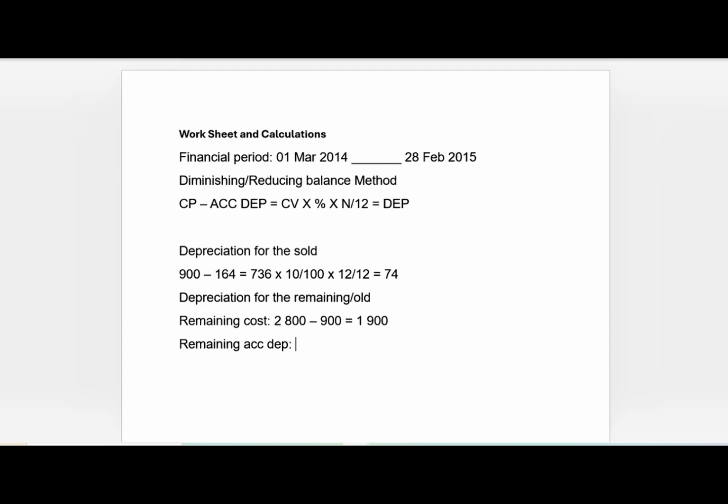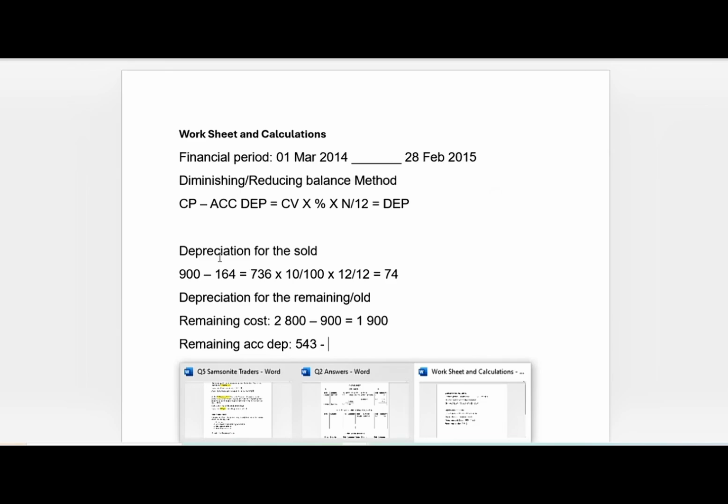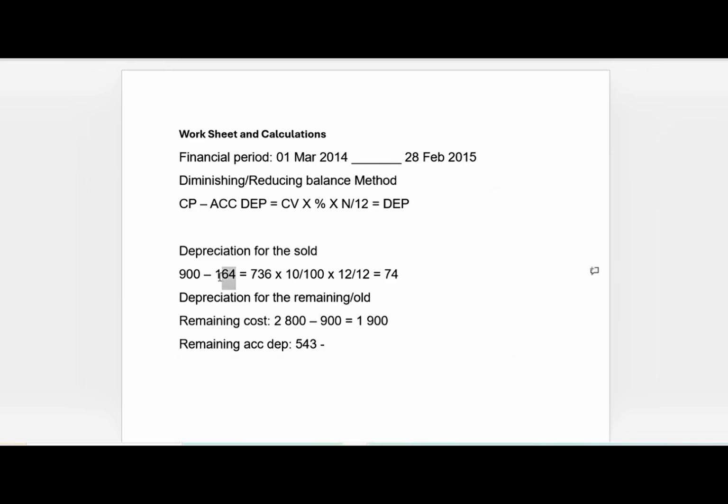So to calculate the remaining accumulated depreciation, we are going to say depreciation at the beginning of 543, we less depreciation at the beginning for the sold, which is this one, right?